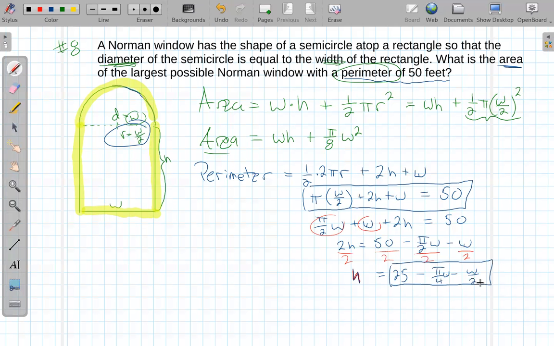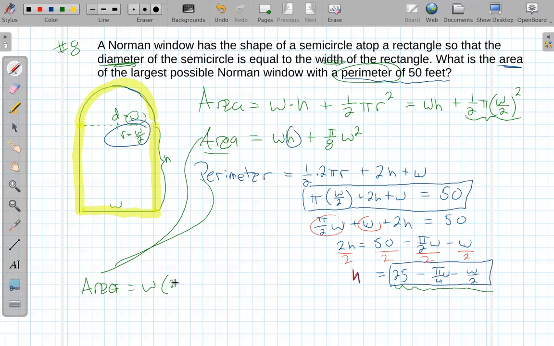So I can use that up here to get the H out of the equation and have it just be area versus width. All right, so putting all this together, we're going to substitute our perimeter into our area. So area is equal to W times, and we're going to drop in this for H, right?